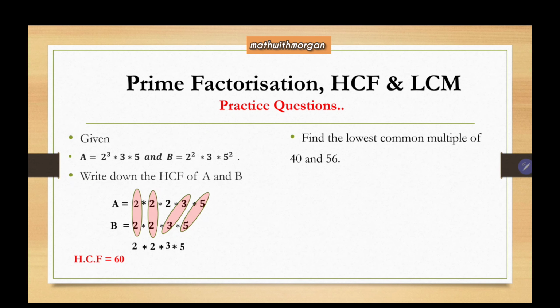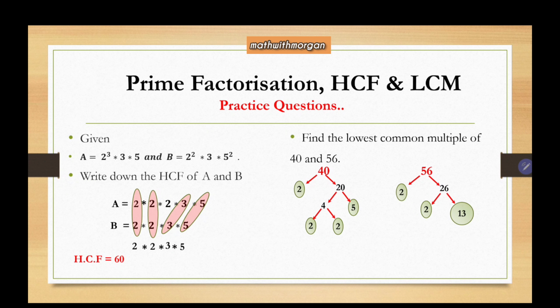Find the lowest common multiple of 40 and 56. So again, we need to prime factorize each of these numbers. I'm just going to insert the factor trees of 40 right here and 56 right here. Then we get the numbers that they share in common. So 40 can be written as 2 times 2 times 2 times 5, and 56 can be written as that.